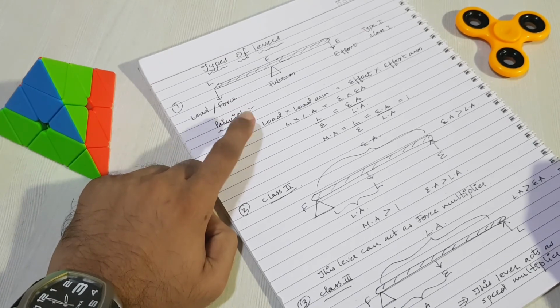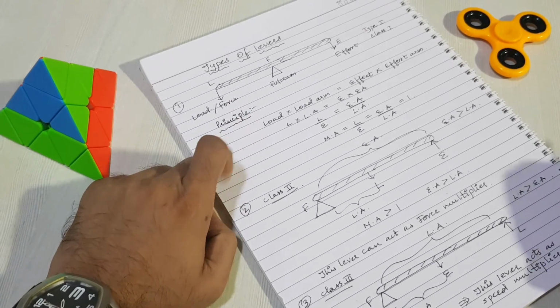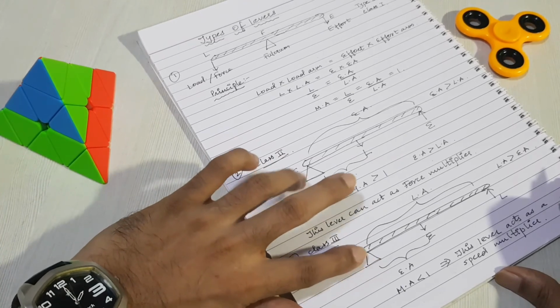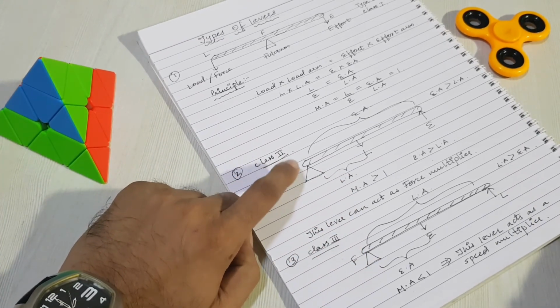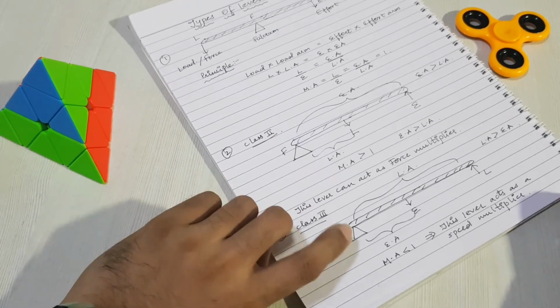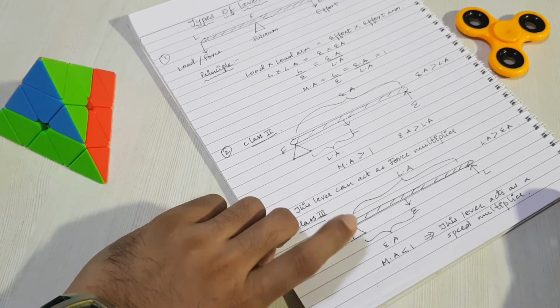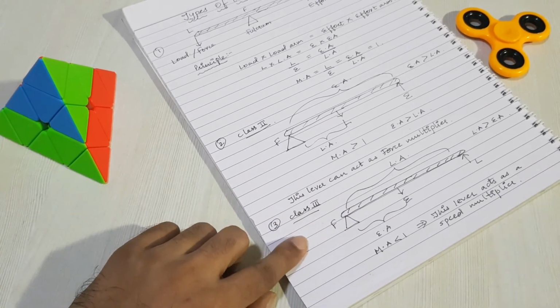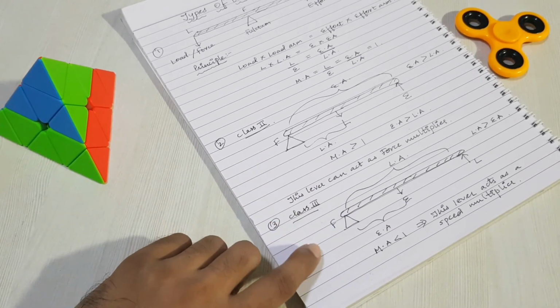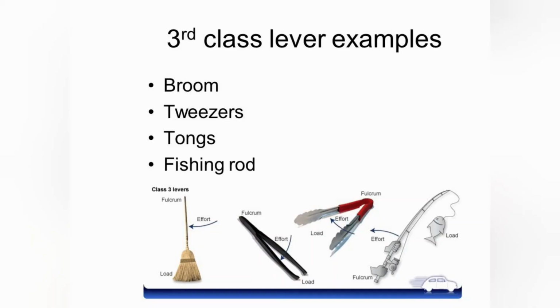All the three cases are possible for this kind of lever. But for the other two, strictly for class 2 it would act as a force multiplier, and class 3 definitely will act as speed multiplier every time. I will give certain examples of class 3 lever. Brooms, tweezers, tongs and fishing rod are examples of class 3 levers.